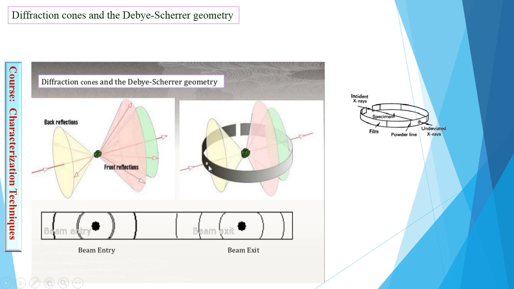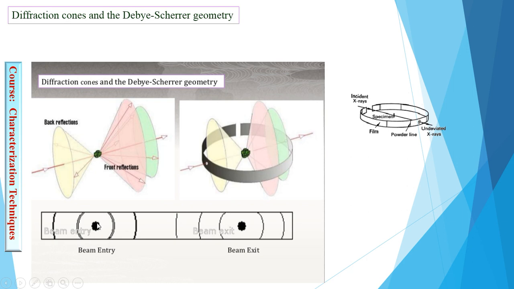This incoming X-ray beam exposes the sample, and then the transmitted X-rays leave the cylinder through the other hole on the other side of the film. As it is diffracted in different directions, it makes a cone, and when we unroll and flatten the film, we can see there are many diffraction lines.